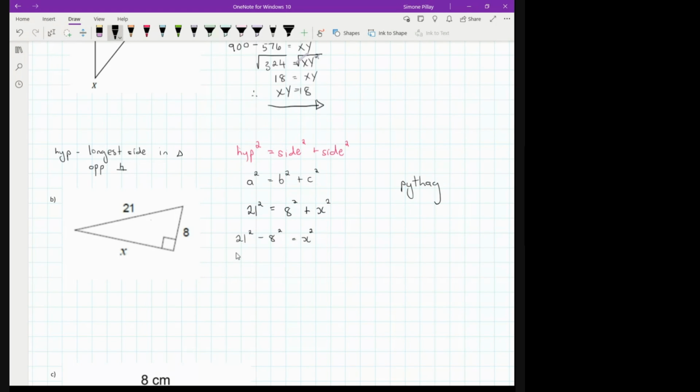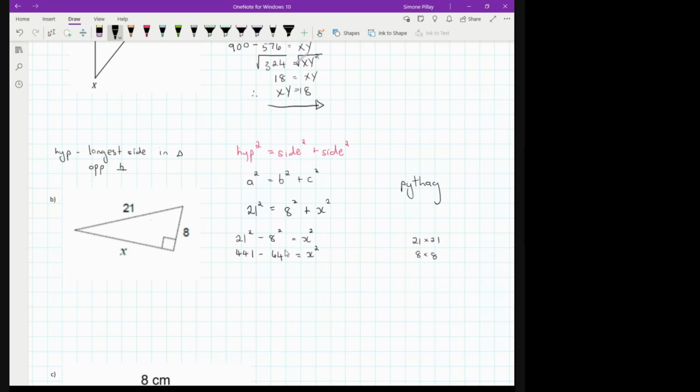Yes, so you have to multiply out 21 squared, and remember that would be 21 times 21. What's the answer to that? 441. Lovely. And 8 squared? 64. Beautiful. Is equal to x squared.